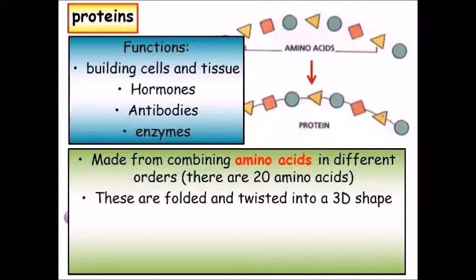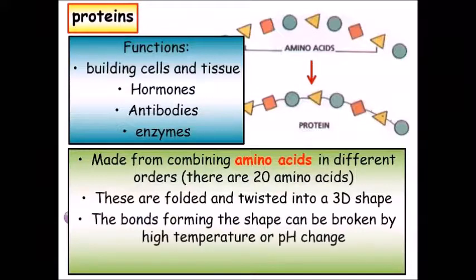They are incredibly complex molecules, highly folded in a unique 3D structure, and the bonds are very susceptible to temperature and pH change. So at high temperatures and high pH, those bonds break and the protein becomes denatured. That's the correct term for it. You cannot kill a protein because it's a molecule, it's not alive, but it can be denatured.